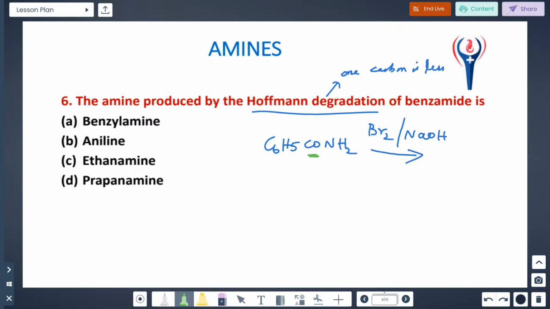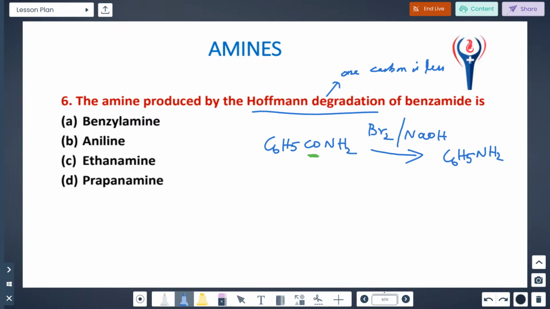This group will be removed, so what remains is the product: C6H5NH2. When comparing the reactant side and product side, one carbon is reduced.